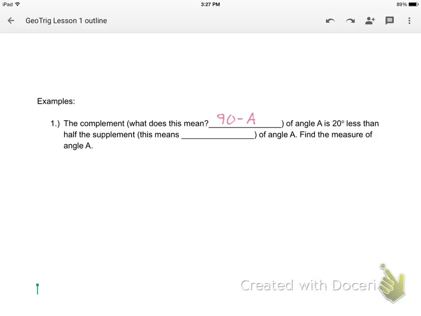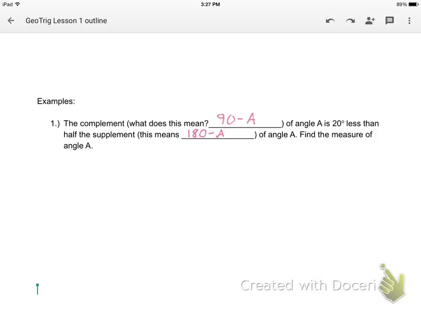So the supplement of angle A is what? 180 minus A. Those are what's going to take the words when we write our equation for the complement of angle A. The supplement of angle A. That is 90 minus A and 180 minus A.